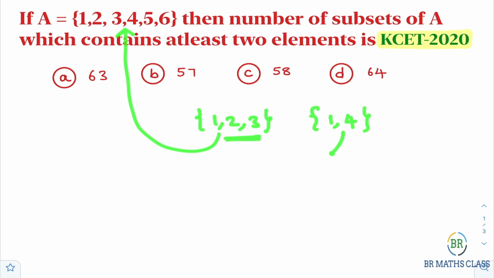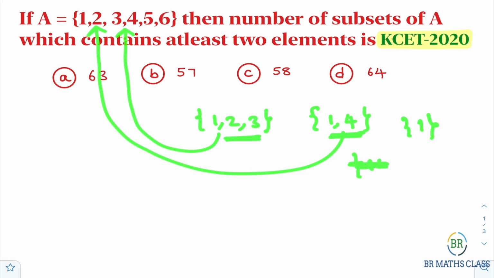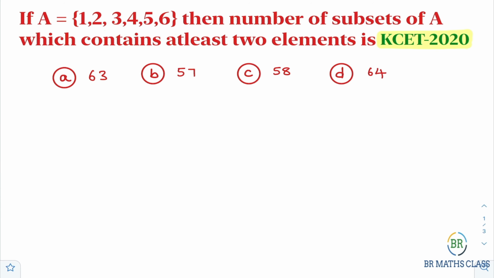This is a subset of set A because all the elements present in this set are present in A. If I write {1}, this is a subset of set A, but it contains only one element. But what they are asking in the question is subsets which contain at least 2 elements: the number of subsets of A which contain at least 2 elements.